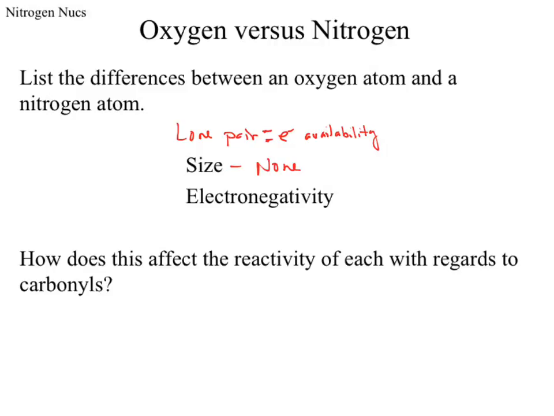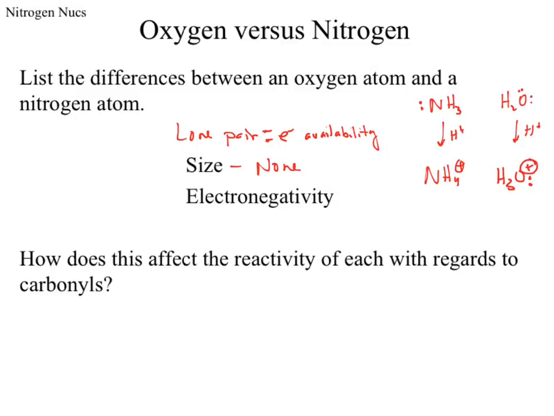Let's pick something simple. Say NH3 and H2O. Let's have each of those donate electrons. I'd end up with NH4 plus, so I lost one lone pair. In the case of water, what do I end up with? H3O plus, hydronium.